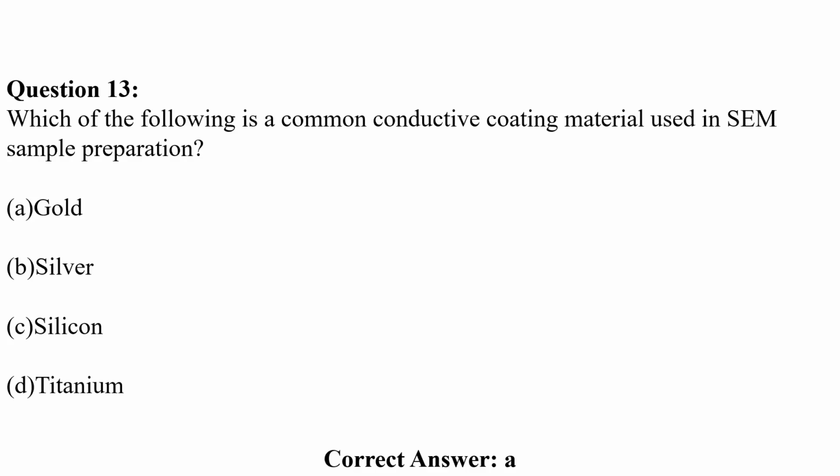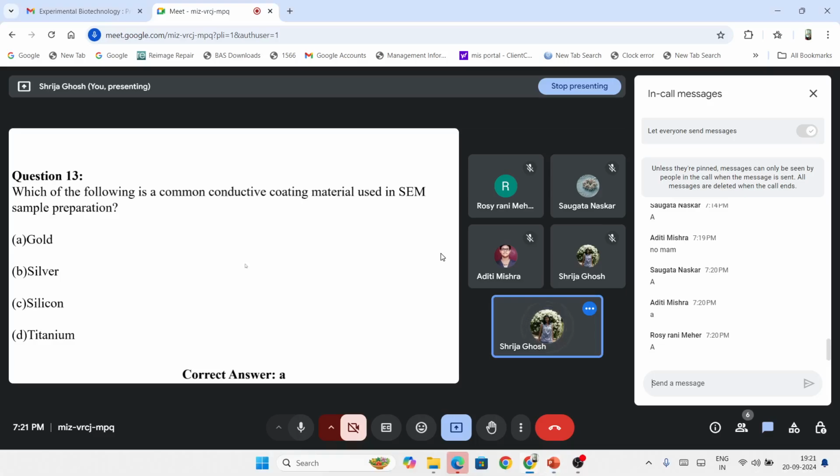Platinum is more expensive than gold, so gold is more affordable as compared to platinum. We use gold because it is inert in nature, it doesn't interact with our samples, and it will just form a thin film over the samples to provide a conductive surface. So that is the purpose of doing gold coating of the SEM samples.